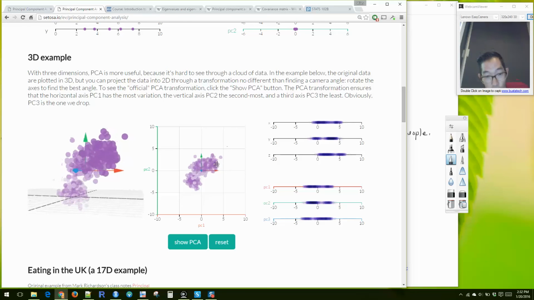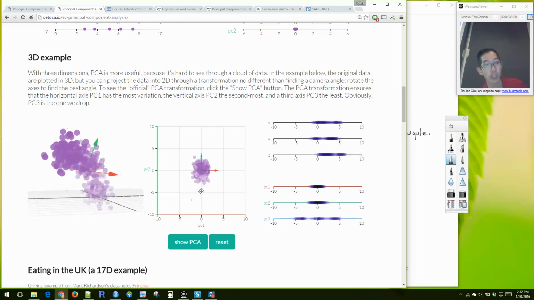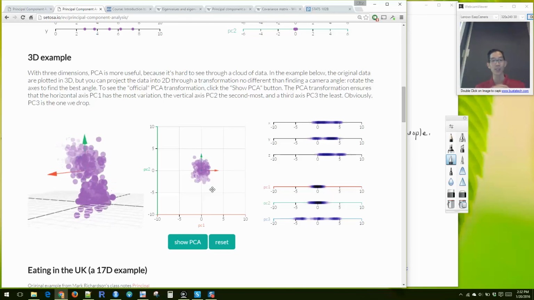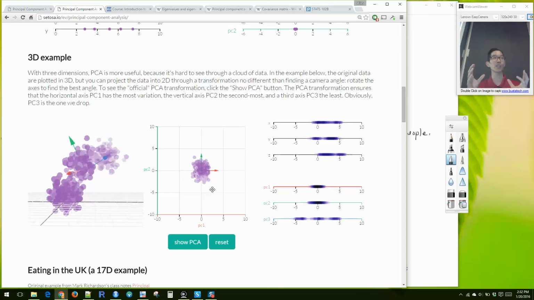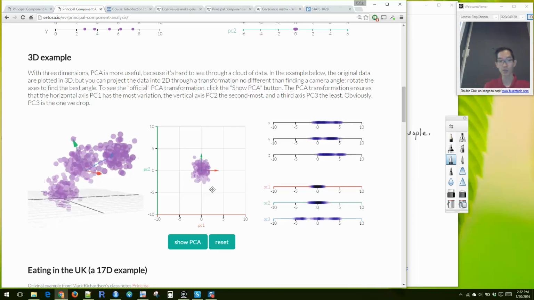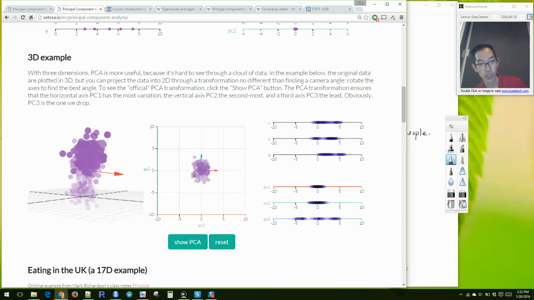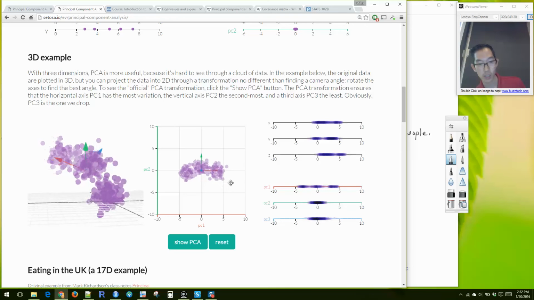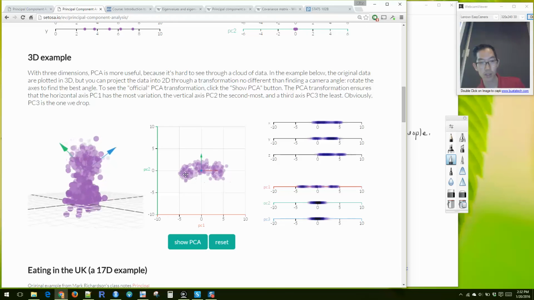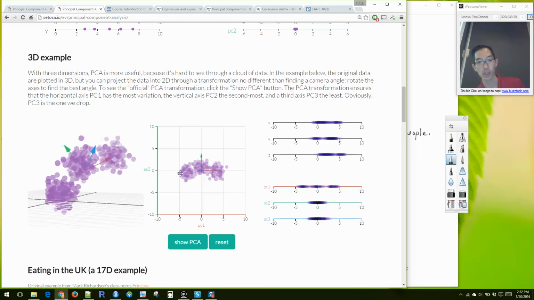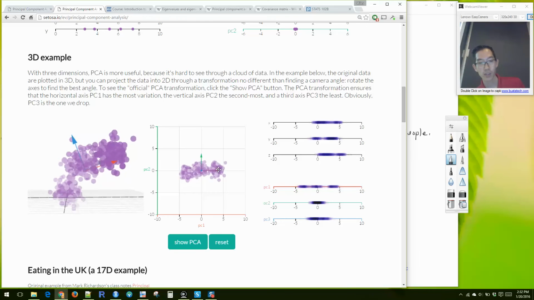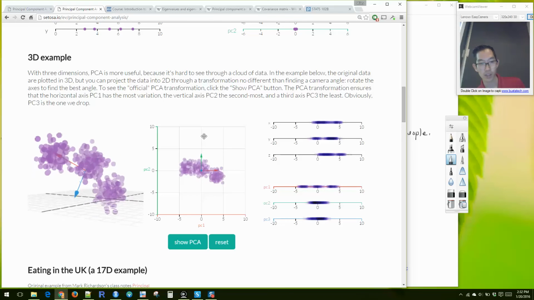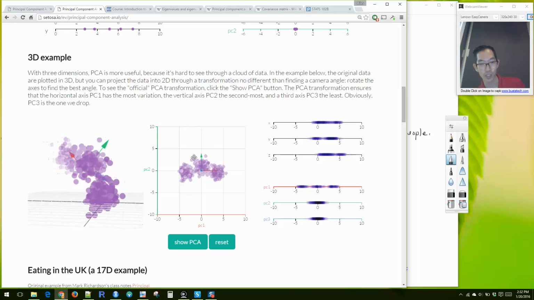What we don't want is this camera angle, which makes everything look like there's hardly any variation, all stacked on top of each other. What we're trying to do is find the camera angle that shows there's quite a bit of variation between here and there.